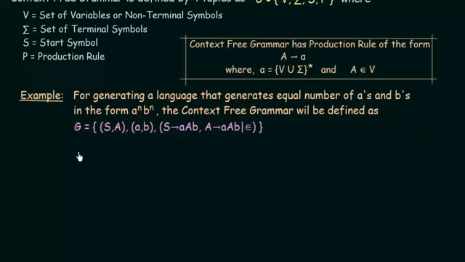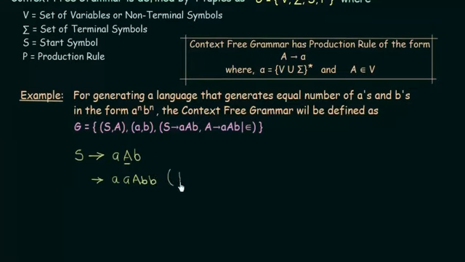Let me start with my start symbol S, and S gives aAb. So using this production I have written S gives aAb. Now we have another production rule which says A gives aAb. So this A over here, I will replace with aAb. The a will come down as it is, and the capital A will be replaced by aAb, and the b over here comes down as it is.